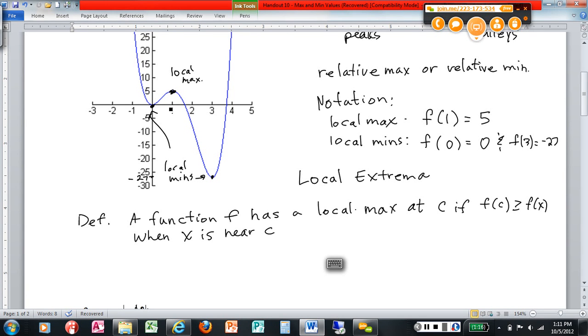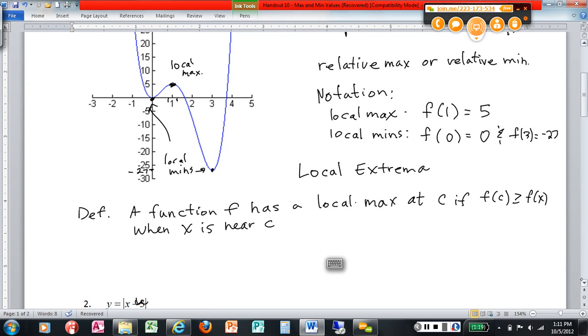So if I go at 0.9, then the one at 1 is bigger, right? If I go out here to 1.2, that's near 1. The function value at 1 is still bigger. That's all that's saying. The function value at that particular value is greater than or equal to the function value near it.